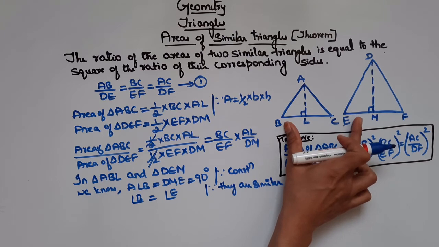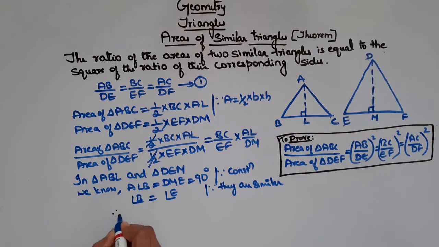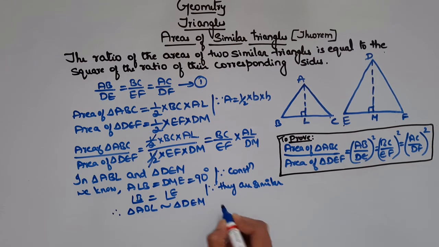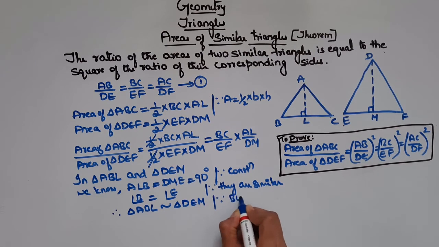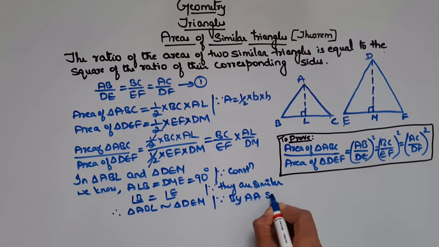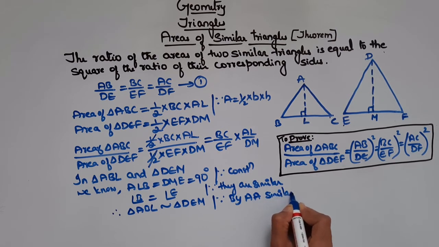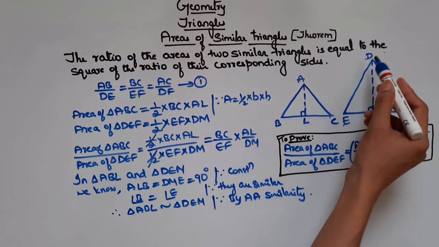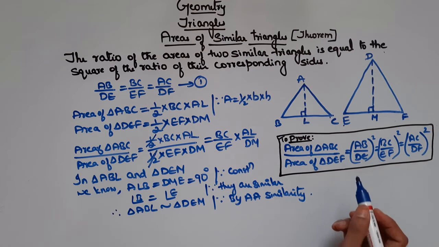So we can say triangle ABL is similar to triangle DEM by AA similarity rule. So if these two triangles are similar, that means their corresponding sides are proportional, right?